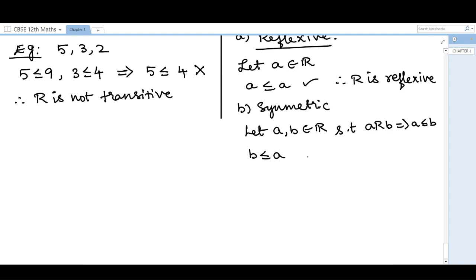In other cases, it is not necessarily true. For example, if you take two real numbers, say 1 and 2, 1 is less than or equal to 2 is true, but 2 less than or equal to 1 is not true. Therefore, the relation R is not symmetric.